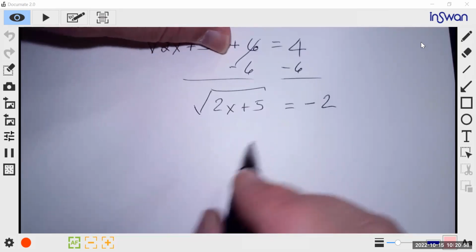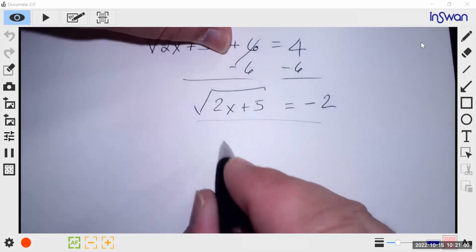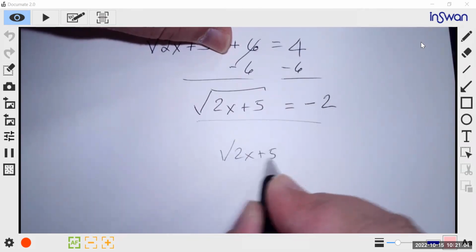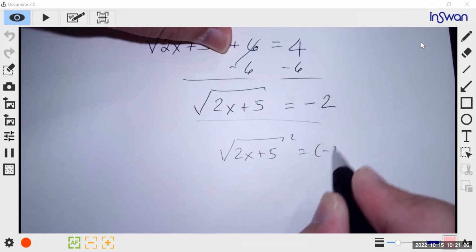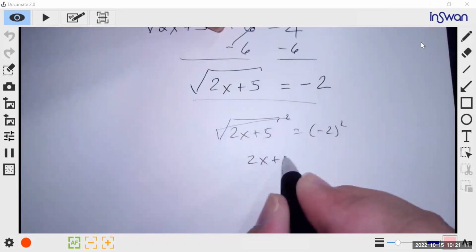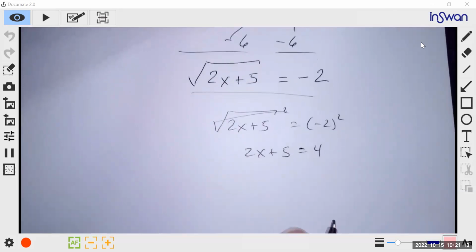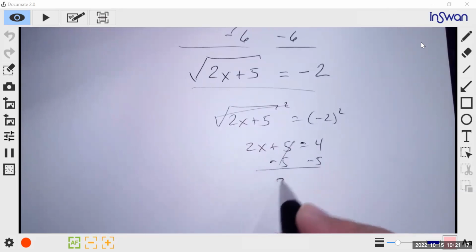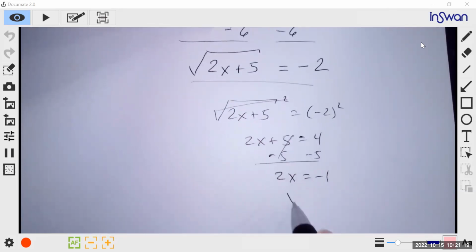Okay, let's see that. If we square both sides, we get 2x plus 5 equals negative 2 squared. So those cancel. 2x plus 5 equals 4. Subtract 5. So 2x equals negative 1. x equals negative 1/2.